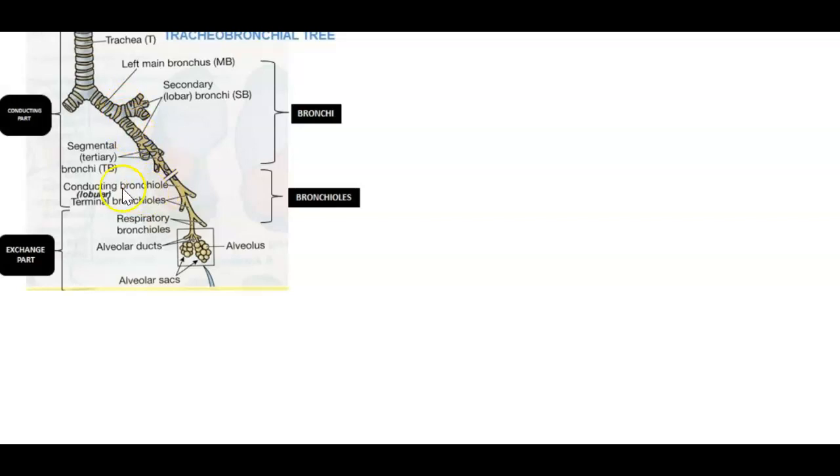Then as they get smaller, we call those branches bronchioles. And the bronchioles become the alveolar ducts. And then we have a structure called the alveolus. So air is carried all the way down the trachea into the right and left primary bronchi, secondary and tertiary bronchi to bronchioles, into the alveolar duct and into the alveolus.